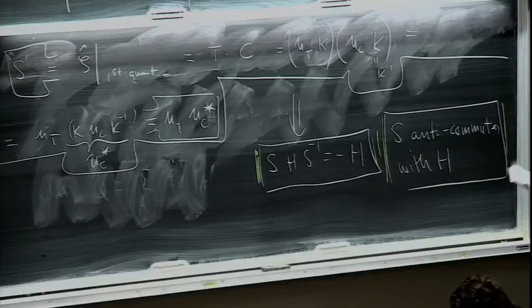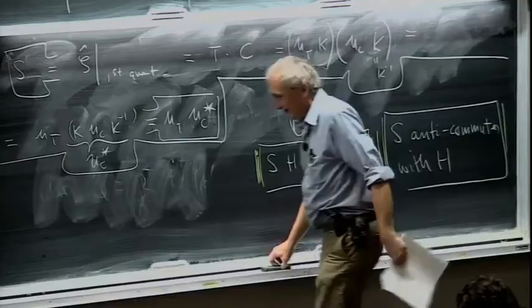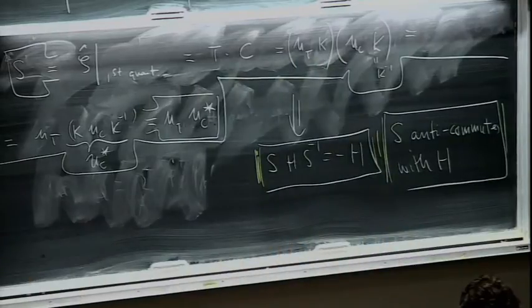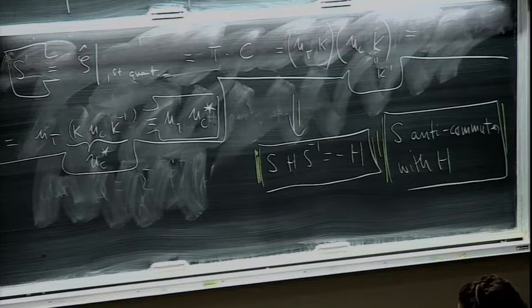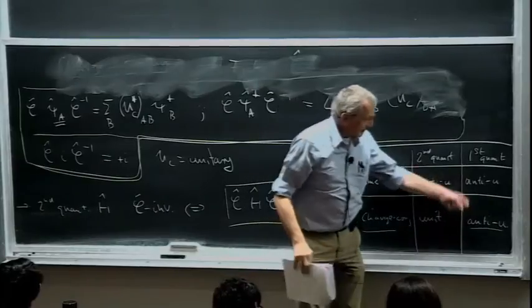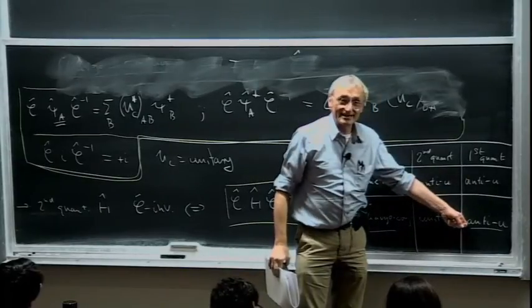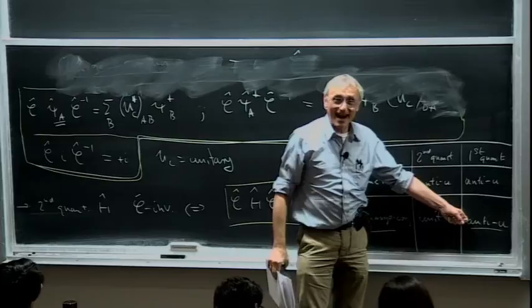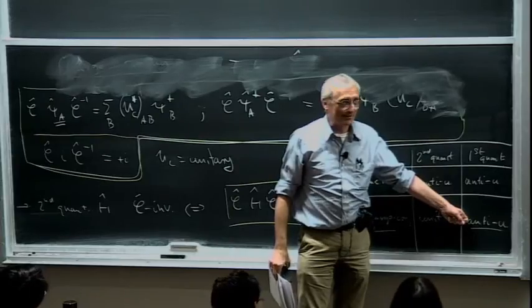So let's now work out a little more detail about this S, because it turns out S is an important ingredient. While S is of course unitary in first quantization, it's a product of two anti-unitary operators in first quantization.